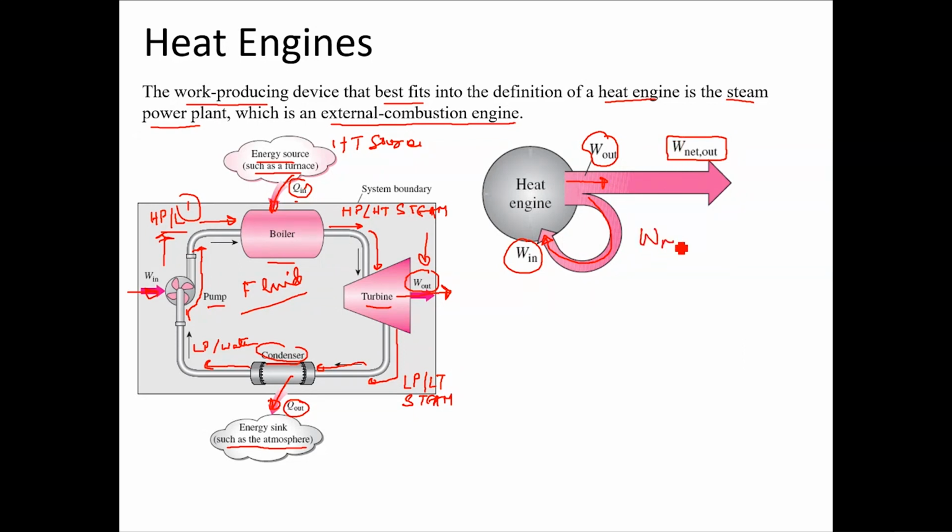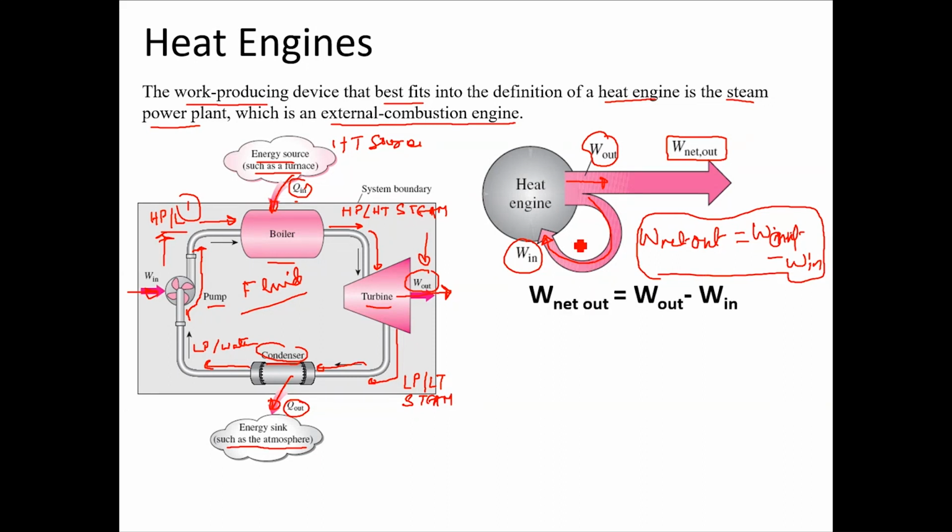So the net work out of the heat engine is essentially work out minus work in. Similarly, the Q net into the system, heat coming into the system, is essentially Q in minus Q out that is being rejected. This is the net heat into the system.